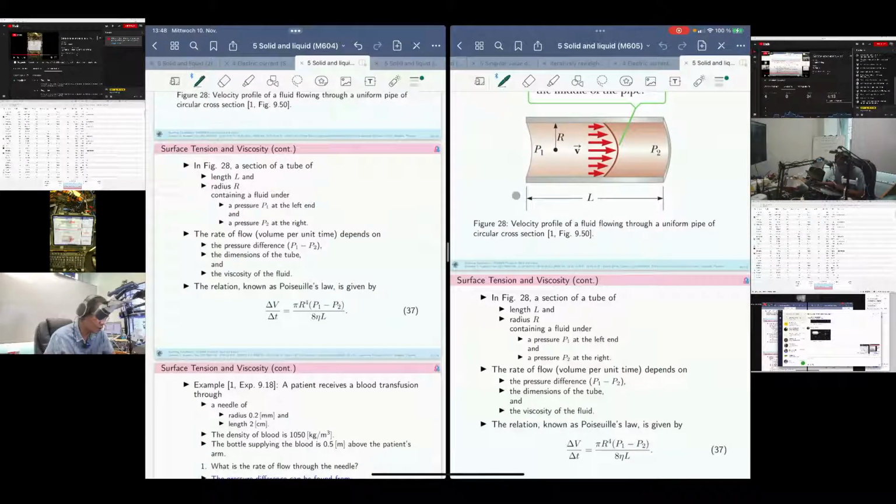If you have a longer pipe, you would not get better flow of water. So the relation known as Poiseuille, his name is a French name, and is given by, I'm not sure how we could pronounce it.